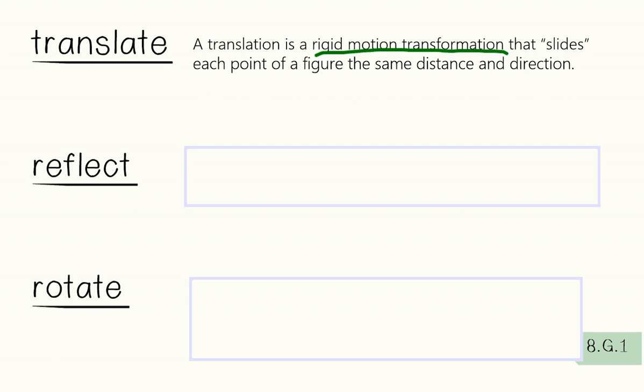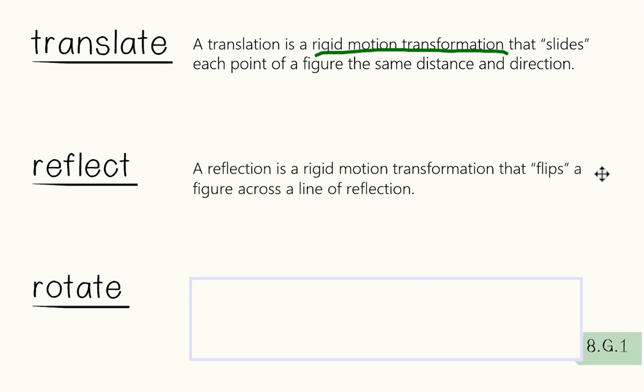You're going to see the words rigid motion transformation in all 3 of the definitions on this page. So for translate, we're taking a shape and we are sliding it 3 units to the left, 4 units up. And we'll use some more technical vocabulary like vertical and horizontal instead of left, right, up, and down.